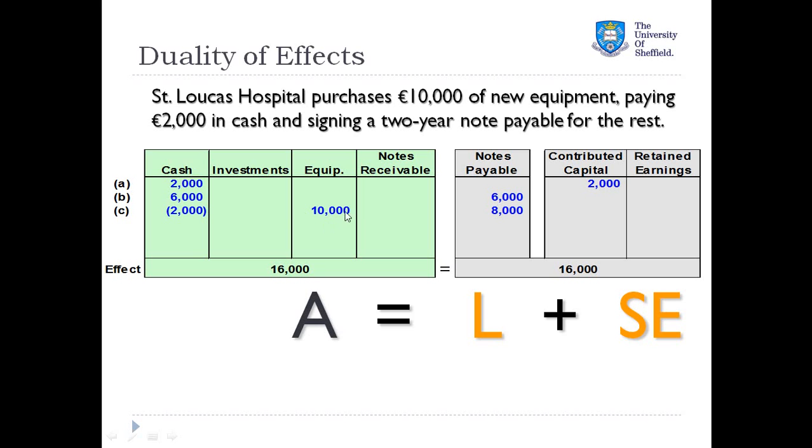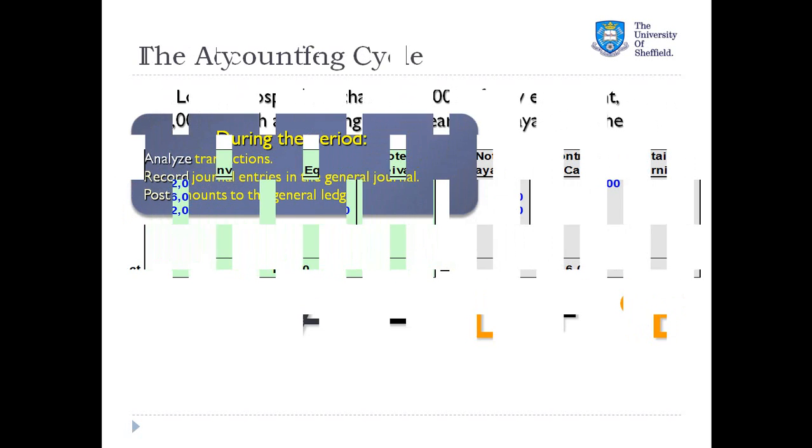So we have in this asset section 10,000, while for the rest we sign a 2-year note payable. Here we have an increase in liabilities. We owe some more money for this equipment, 8,000. So if we add this up, we have 16,000 euros in our asset section, since we have 2 plus 6 minus 2 plus 10,000, and 16,000 in the liability and stockholders' equity section. So we have an equality here, the accounting equation being valid once more.